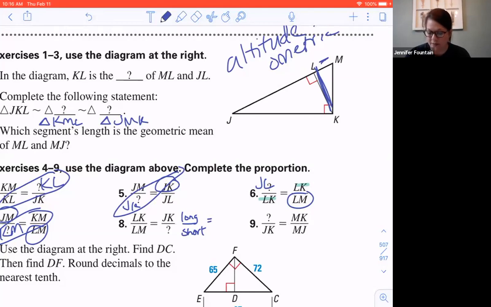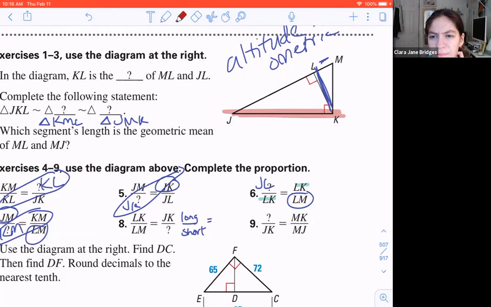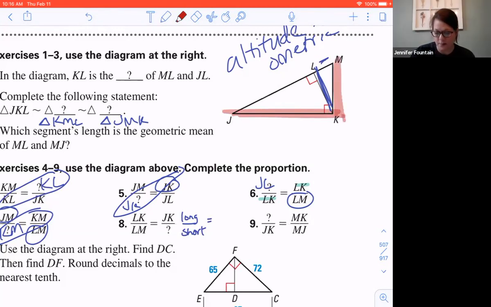Now it says I've got JK, which is the long leg of my whole big triangle. So if JK is the long leg of my big triangle, what is my short leg? KM, uh-huh, MK or KM.